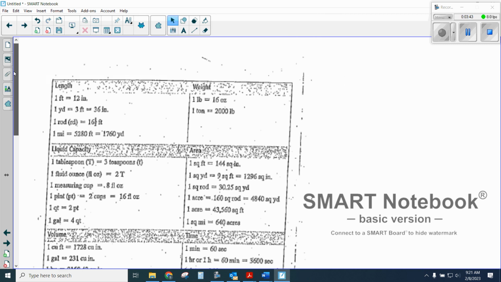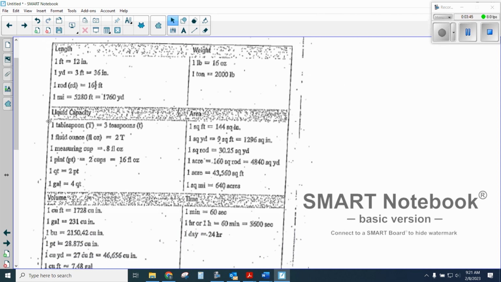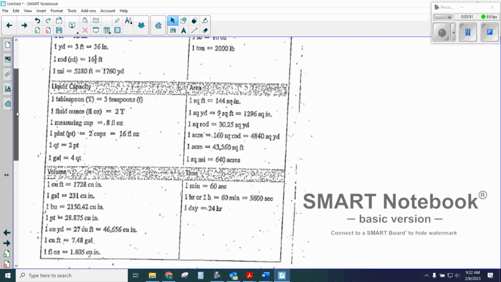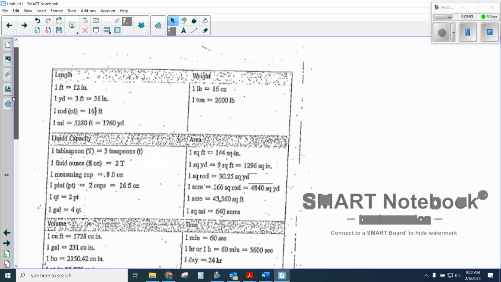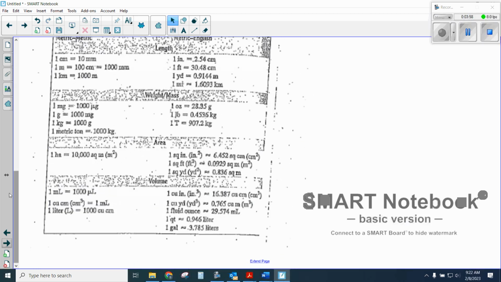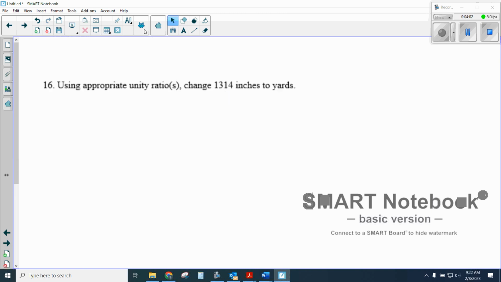In chapter 5, we're doing unit conversions. On our unit conversions, this is the table. I put it in last week's announcement, and this will be embedded with your test. So you will have this with your test questions to use. It's the same sheet. Whenever you do a unit conversion for me, I need every time to see your unity fraction that you're using, written some way, shape, or form on your paper.